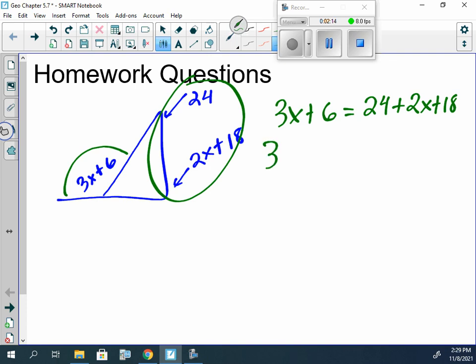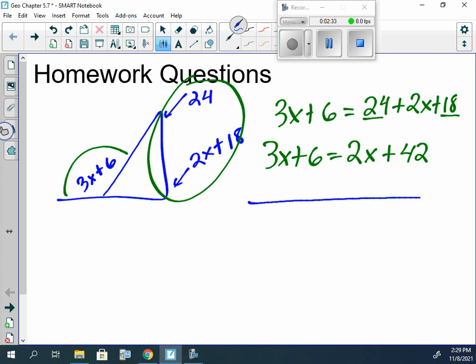So the first thing we do is combine like terms over here, which would be 24 and 18. If we add those two together, we get 42. Guys, pay attention here. Now the next thing we can do is get x.